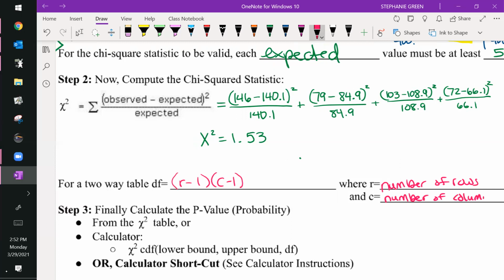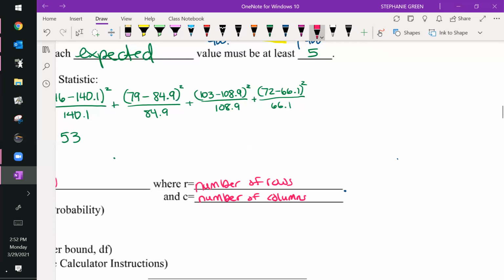Be careful when you're counting the number of rows and columns. These two numbers do not count the marginal rows and columns.